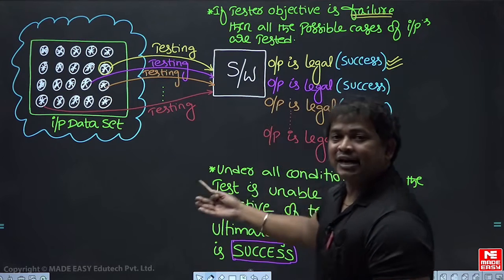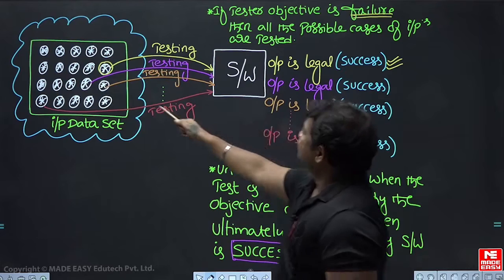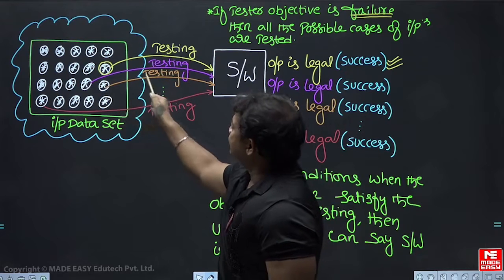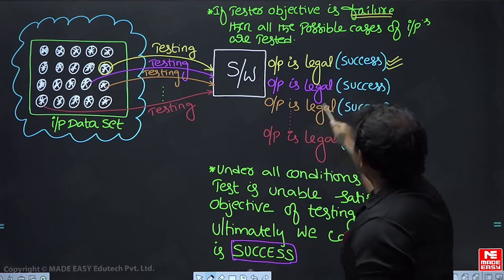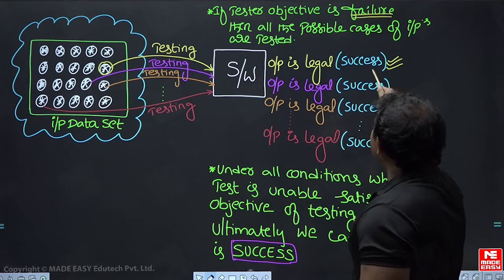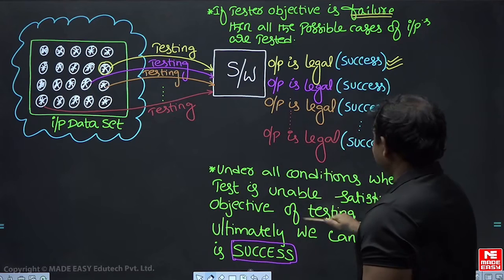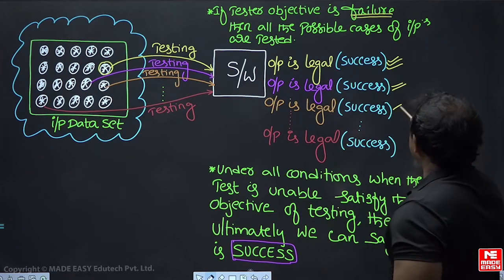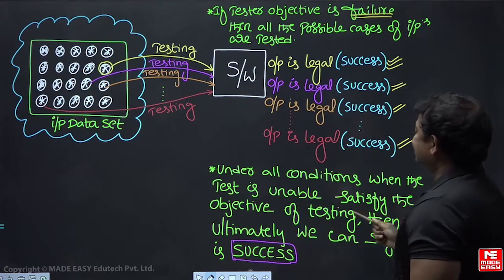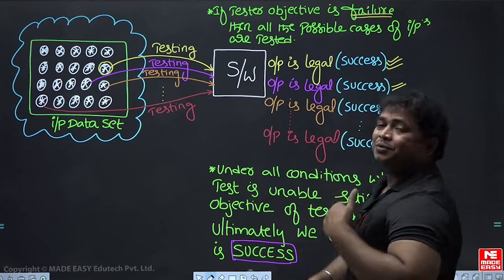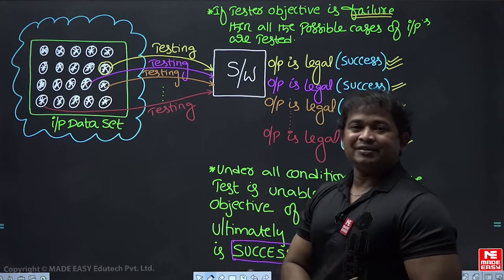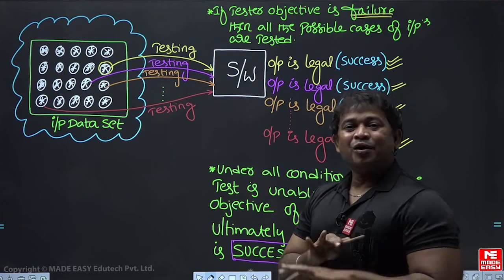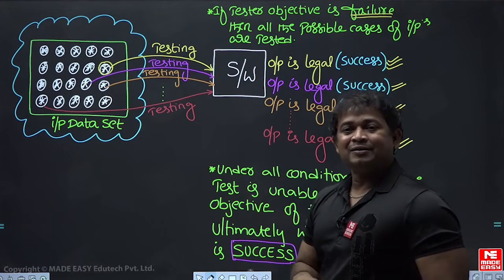That is described clearly here. With all possible inputs, when we test the system, in all cases, if testing says the system is a success, then the tester's objective is not satisfied, but the system's objective is satisfied. So here overlook is not possible.